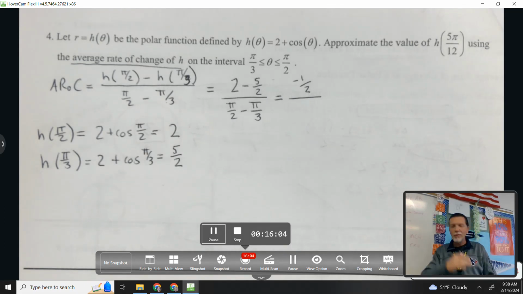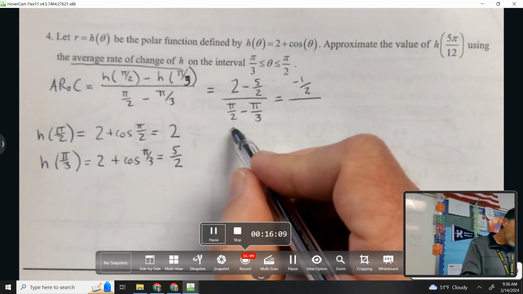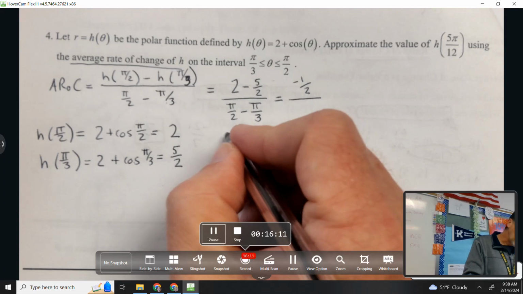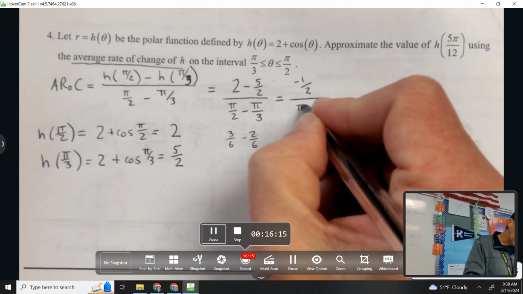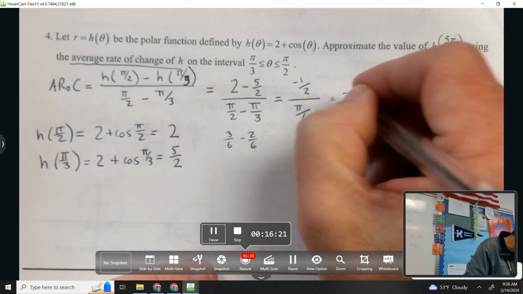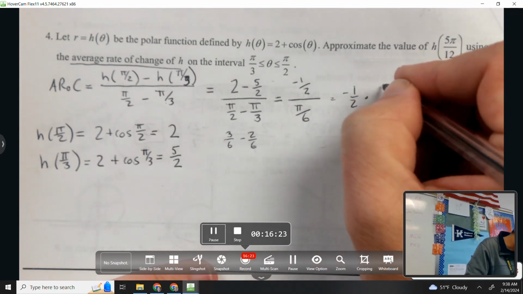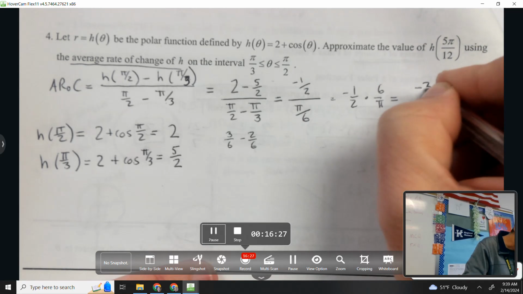But nobody wanted to do that. You all wanted to do probably the more straightforward thing. Pi over 2 minus pi over 3 would be 3/6 minus 2/6, which is pi over 6. And then keep it, change it, flip it. So negative 1 half times 6 over pi would be negative 3 over pi.